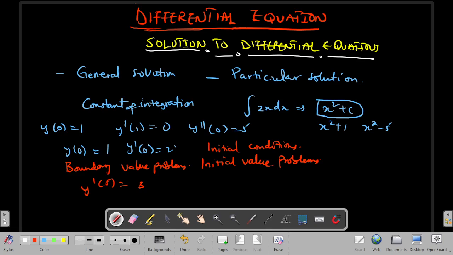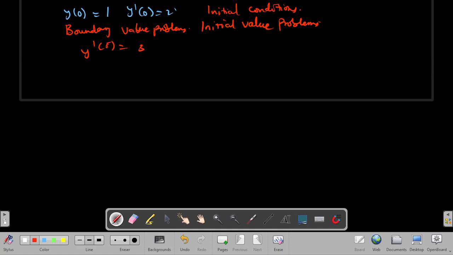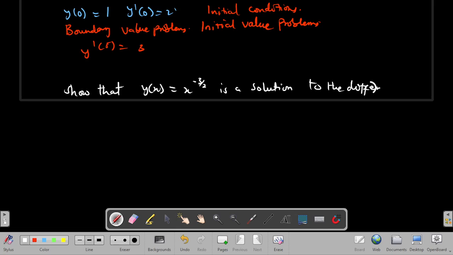Now let's have this problem solved and see how to test. So I have a problem. It says show that y of x is equal to x to the power negative 3 over 2 is a solution to the differential equation 4x squared y prime prime plus 12xy prime plus 3y is equal to 0, where x is greater than 0.